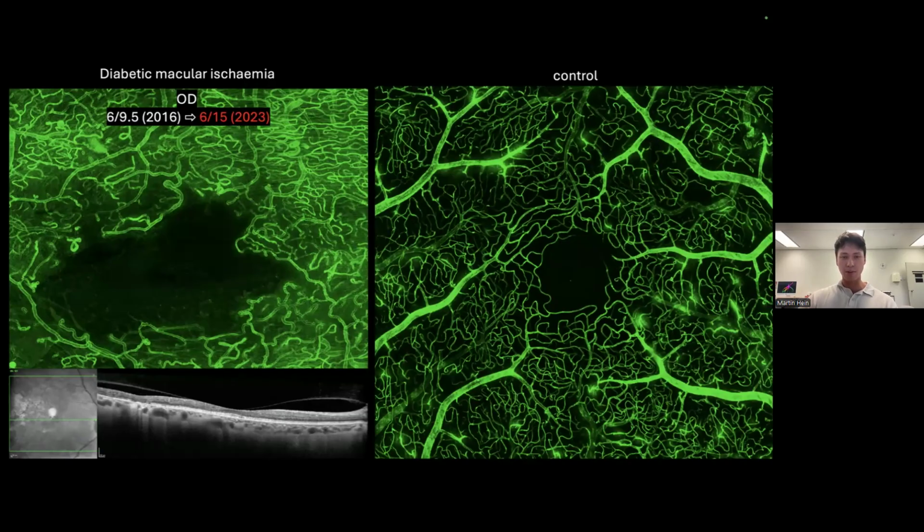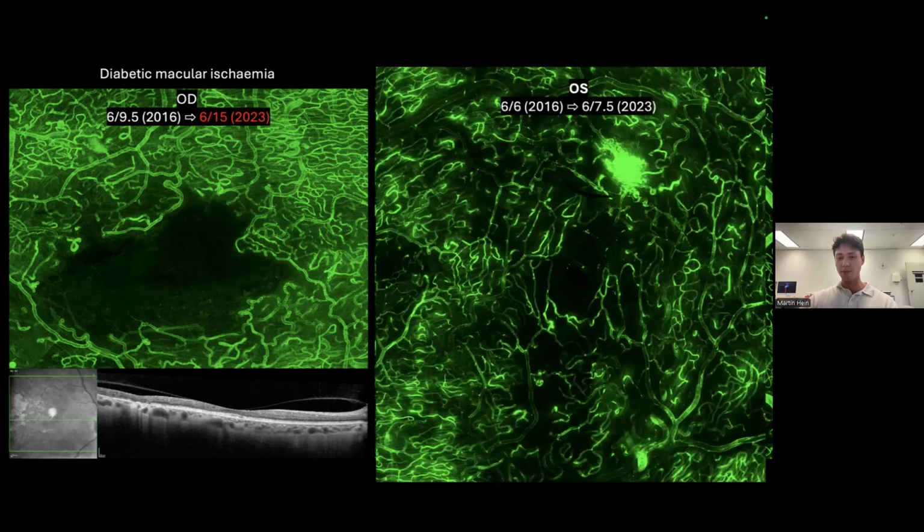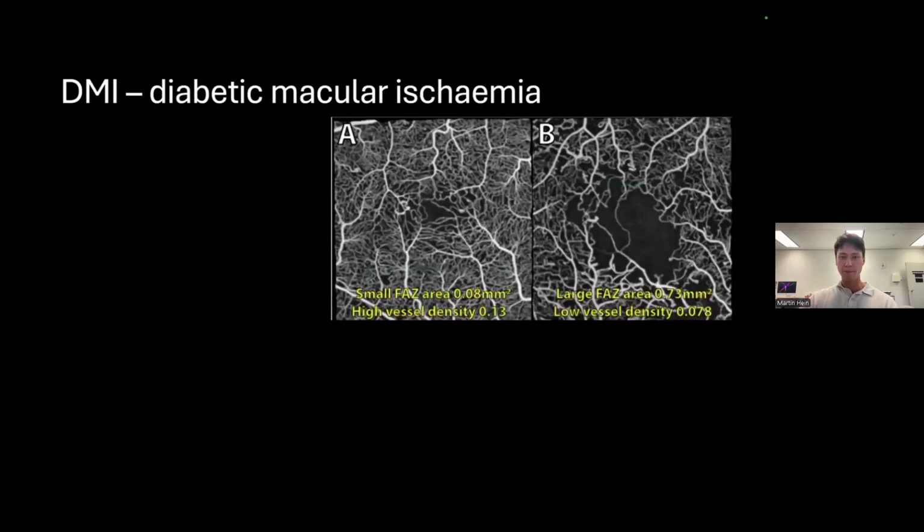And that's something that you don't really get an appreciation for until you do some type of microvascular imaging like OCTA potentially. This was her left eye. So there's a lot more preservation of the foveal avascular zone, which correlates with her more decent vision in that left eye. So diabetic macular ischemia is a pretty under-recognized complication of diabetes, which has a pretty significant visual impact.